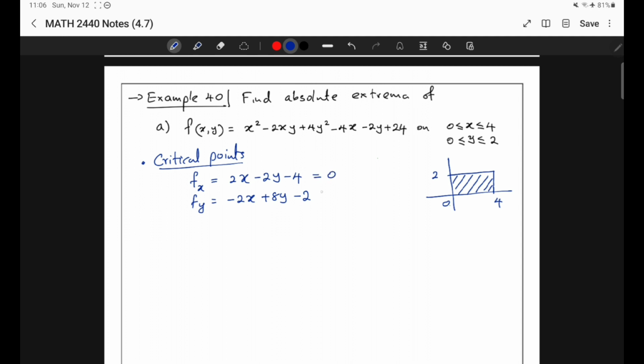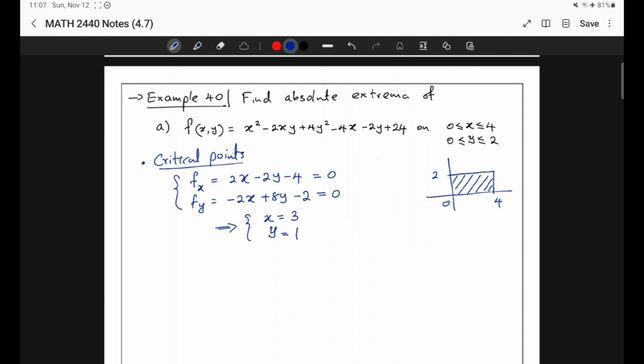You make the partial derivatives equal to 0 and you simplify. Solve these 2 linear equations and you should get a single unique solution, x equals 3 and y equals 1.